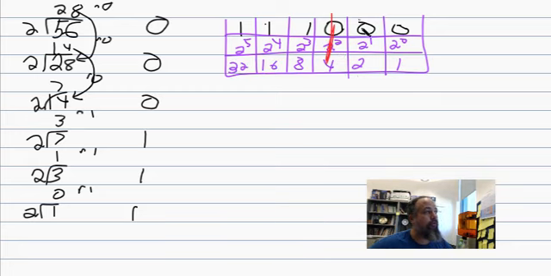Cross out the zeros and add up what's left, right? So 32 plus 8 is 40, plus 16 is 56. So that is correct.